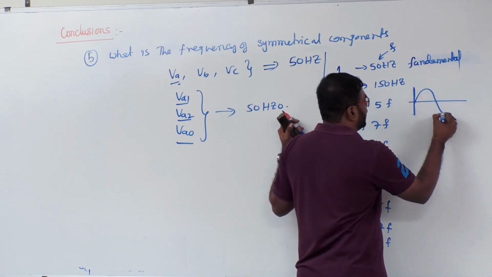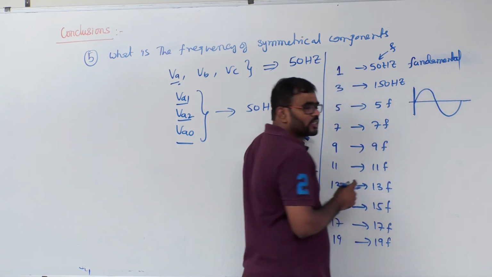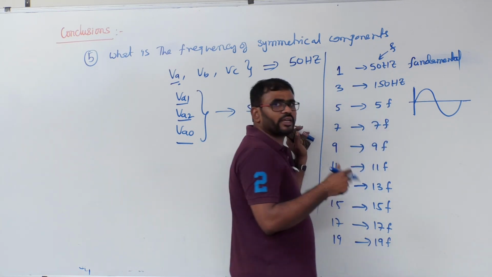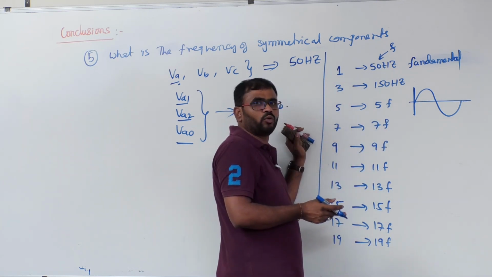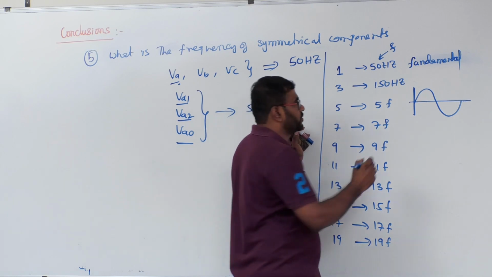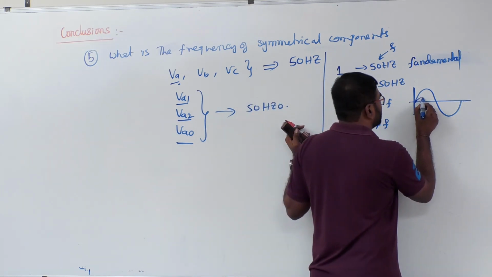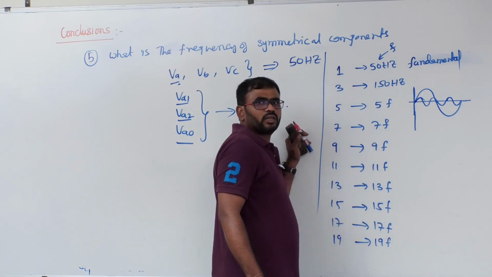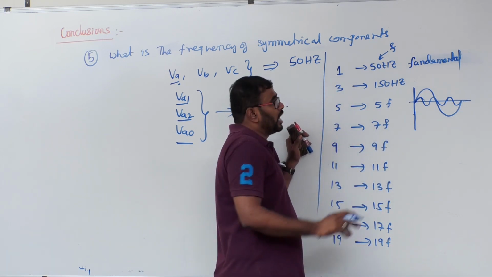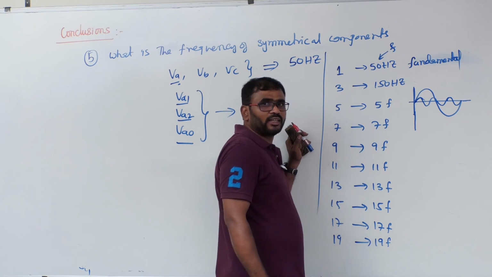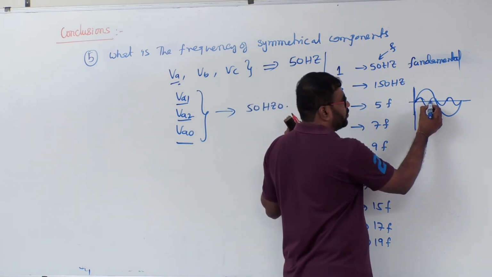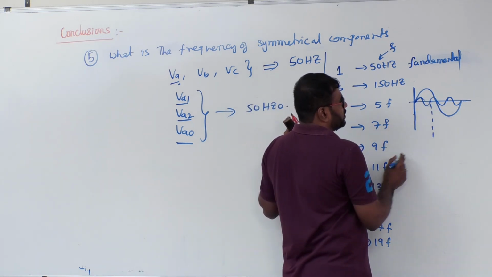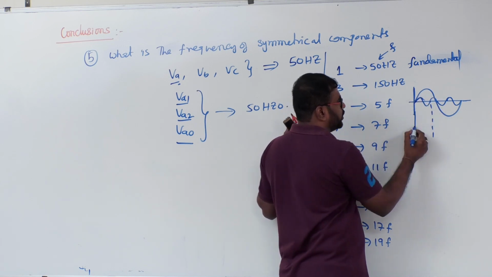For example, I am only writing for the third harmonic, sir. If this is the fundamental, what is the meaning of third harmonic? In one cycle we get how many third harmonic voltage cycles? 3 cycles. That is for the R phase. After 120 degrees the Y phase will start. See, this is 60, this is 60, 120 degrees.